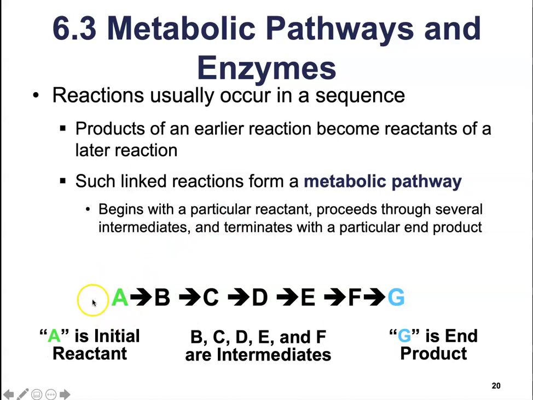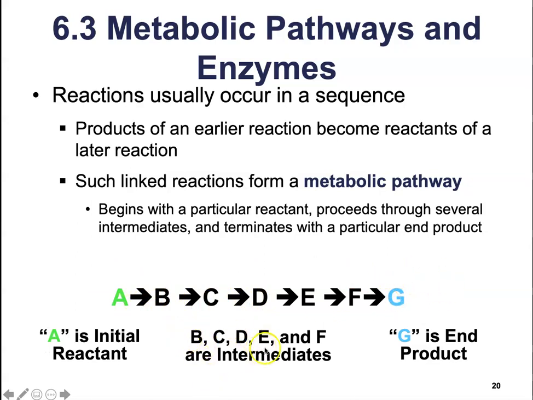So here's A, the initial reactant, and there are several reactions that occur before the end product is produced. It's not like A and then just one reaction gets you to G. There are 1, 2, 3, 4, 5, 6 different reactions in this metabolic pathway going from A to G, okay?